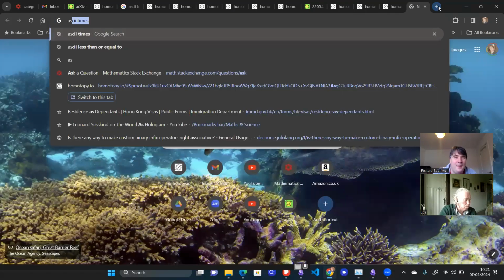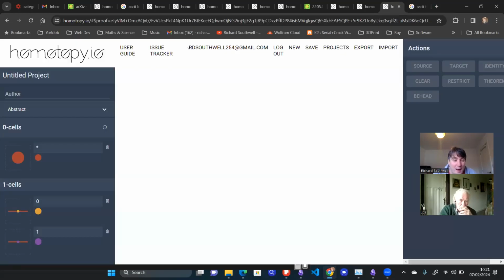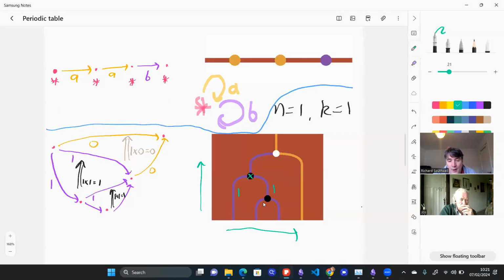Okay, so I want to get that multiplication symbol, so I'm going to Google for it. So now if we go back to our thing, we want to have some equations, right? So we want to say 1 times 1 equals 1.